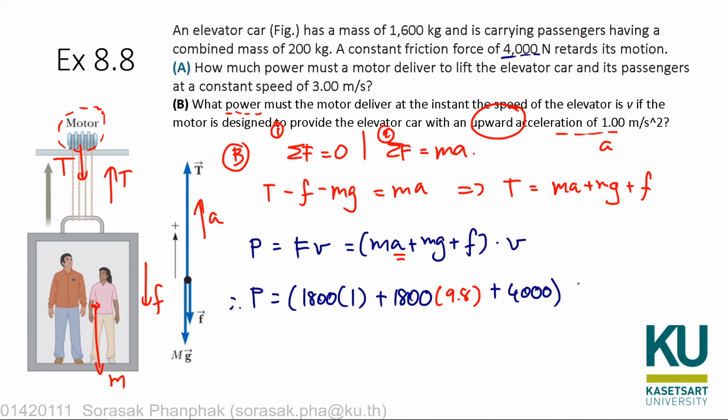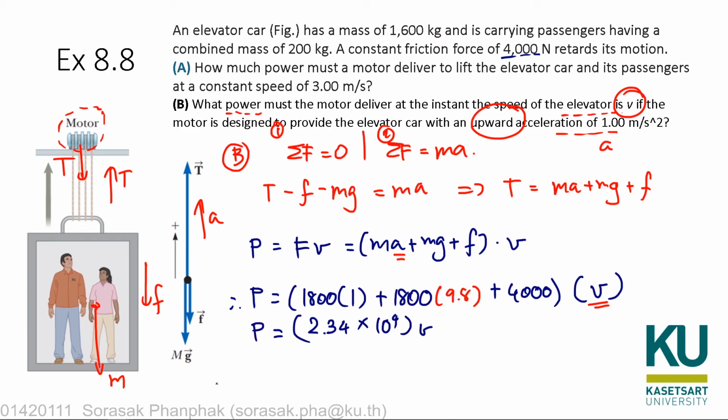Now this is going to be simple because you sub everything in, and you leave v so you can determine at any velocity v. After doing the calculation, you get 2.34 times 10 to the 4 multiplied with v.